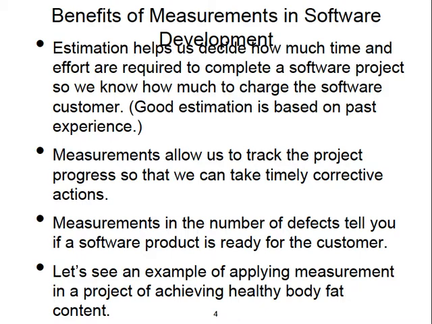So measurements allow us to track progress and quality, to make sure the project is on time. When it comes to measuring defects or quality, we can tell at what point our product is ready to be delivered to the customers.